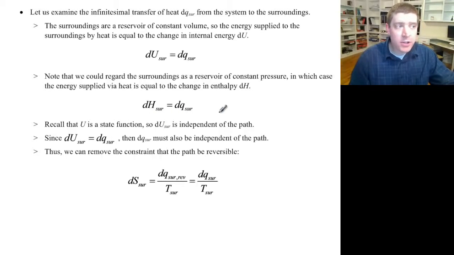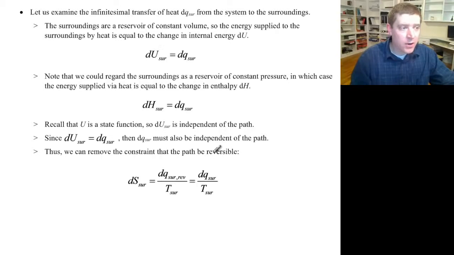So recall that the internal energy U is a state function. So this dU of the surroundings, the change in internal energy of the surroundings, is independent of the path taken. Right? So that means that in this equation, if the left side is independent of the path taken, the right side must be independent of the path taken.